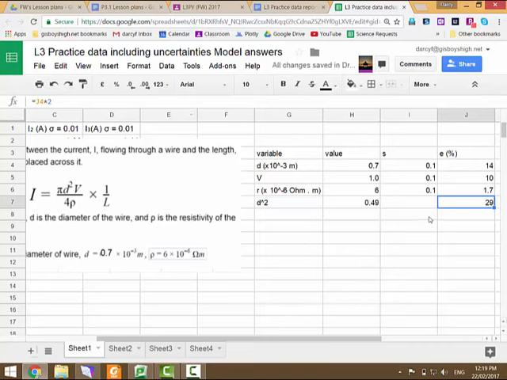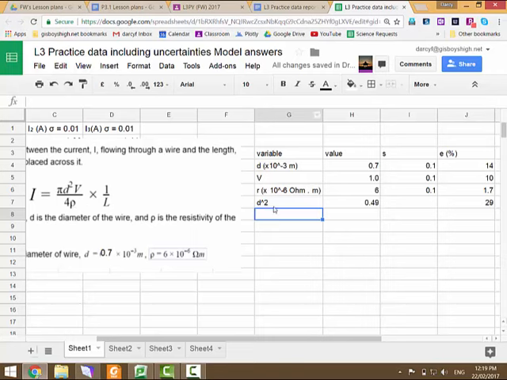Okay. Now, looking at my formula, it's pi d squared times v over 4 rho. So there are no more transformations. The d squared percentage error has been doubled. It's times by v, that's add the percentage error, divided by rho, that's add the percentage error. Agreed?